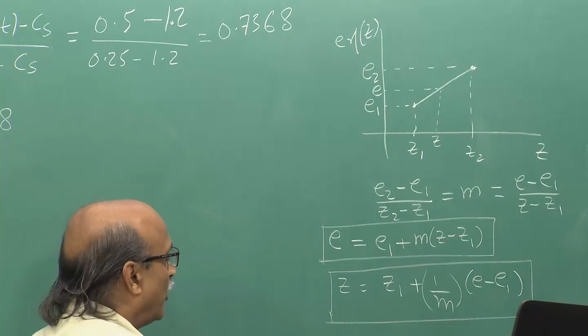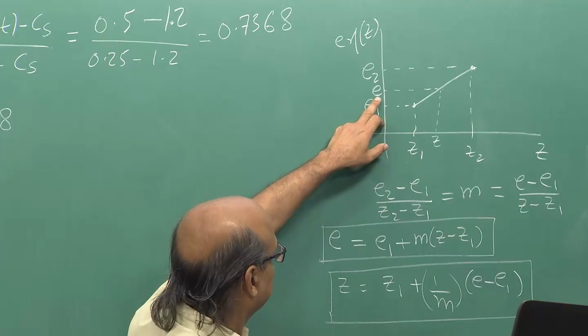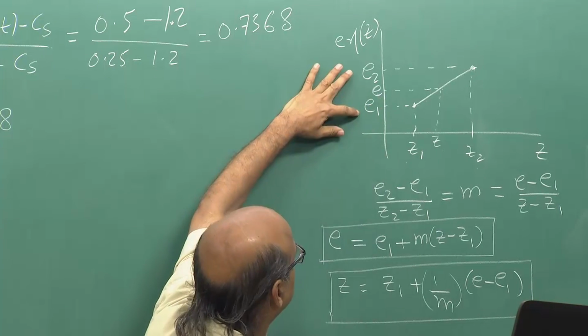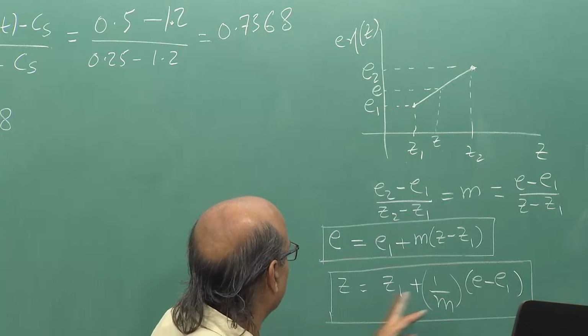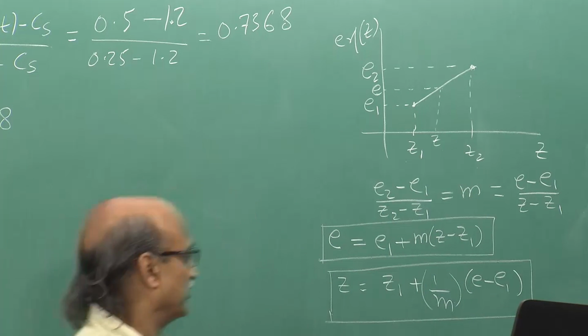So, now if I know E, the error function value in between E1 and E2, then I would be able to compute what the z value should be.